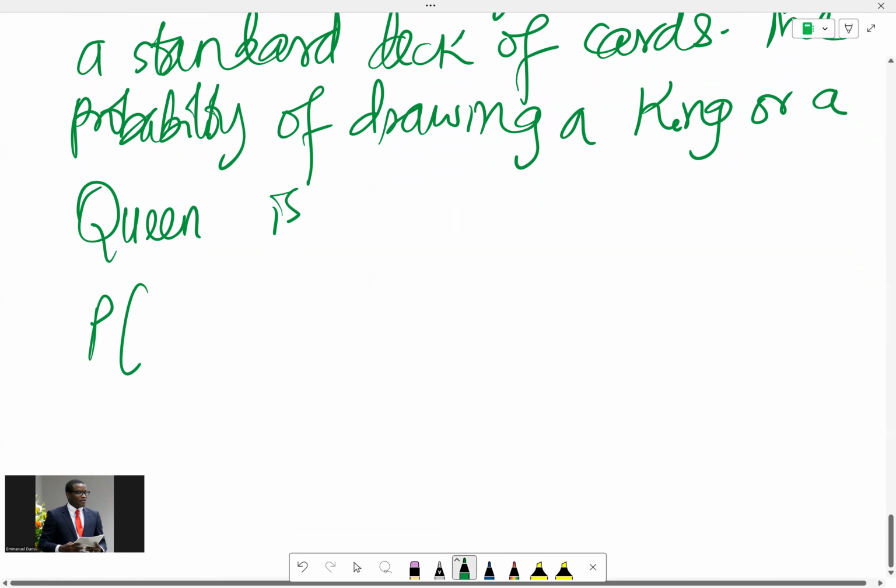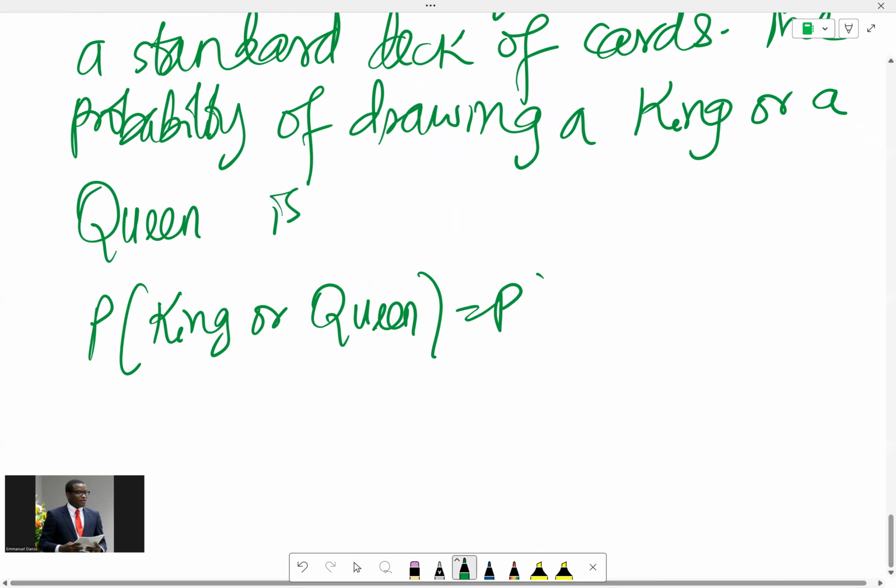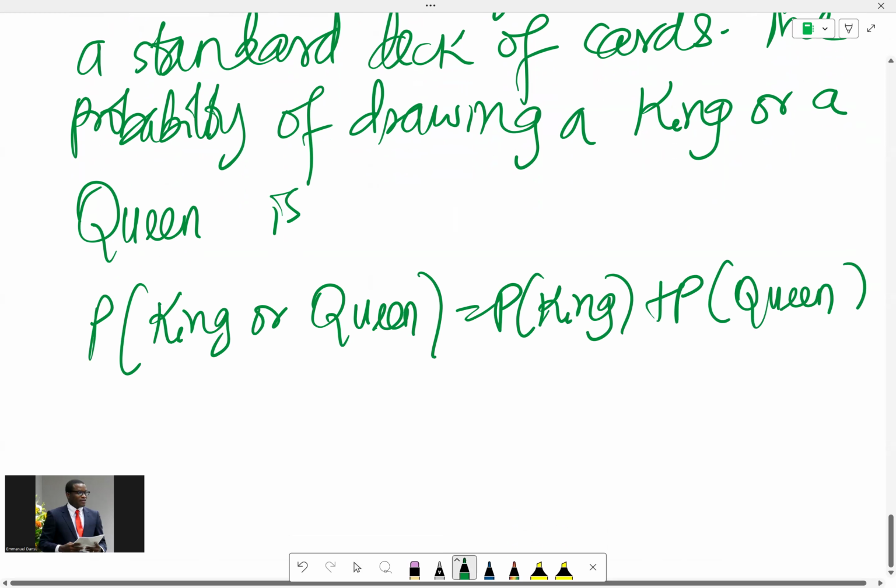So it's like probability king or queen is equal to probability king plus probability queen, because there are no cards that contain the two. So in that case now, there are 4 kings, right? So you have 4 kings out of 52 cards plus 4 queens out of 52 cards.